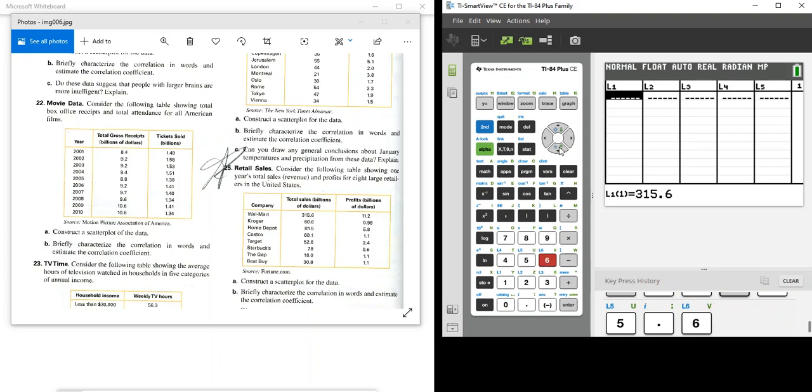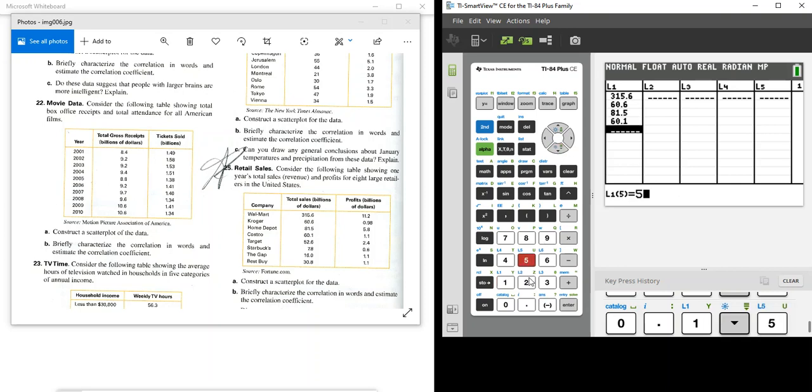315.6, 60.6, and so on. We're going to put these all in so you can see how they're supposed to go in. 81.5, 60.1. So I'm putting all the total sales in that column first.